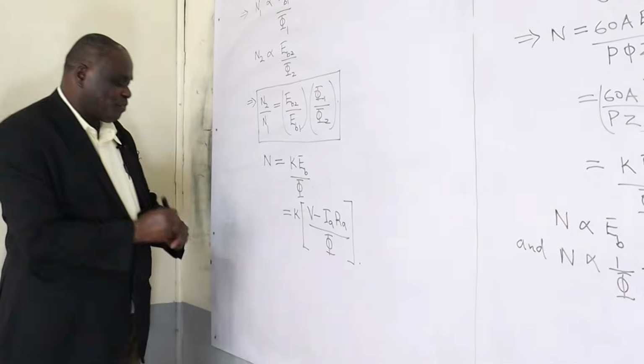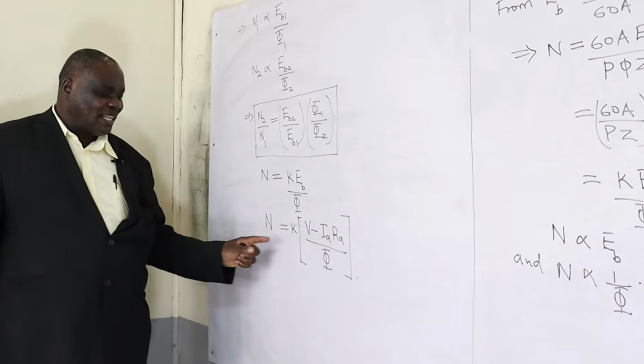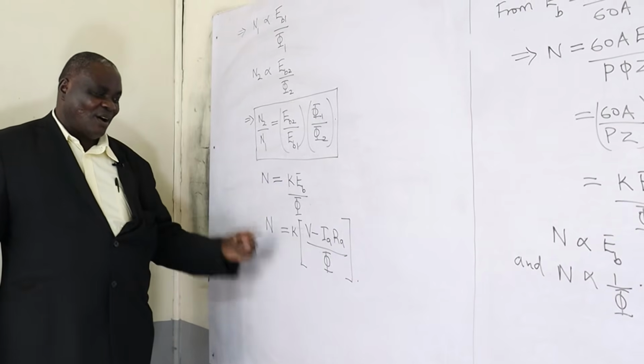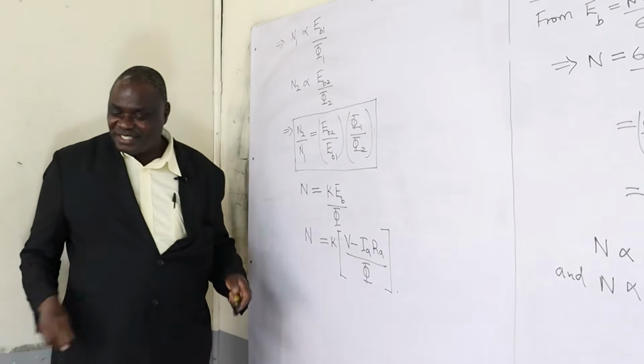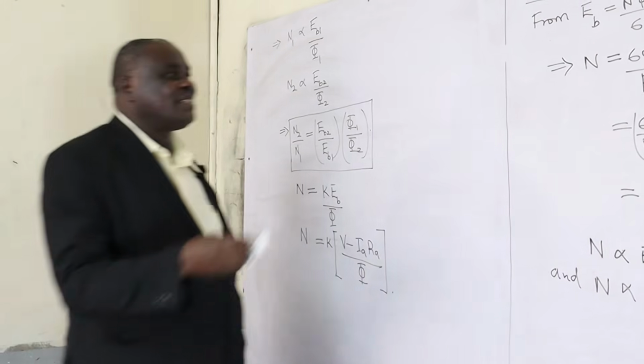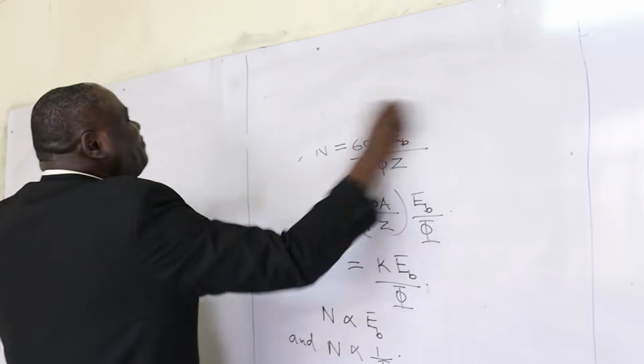So from this expression, we could deduce three methods of controlling the speed of a DC motor.